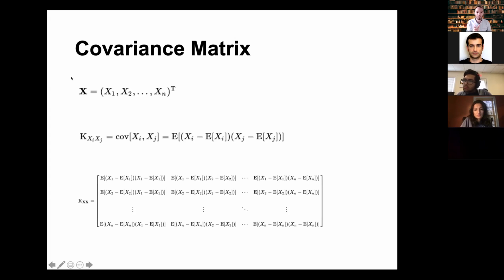And when you're looking at covariance, this is generalizing that to a 2-variable regime. So we're looking at the covariance between 2 random variables, xi and xj. And what we have here is the expectation of the product of the variances in each of the data sets. So it's not exactly the variance, but the difference between xi and the center of mass of xi, and the set of differences between xj and the center of mass of xj.